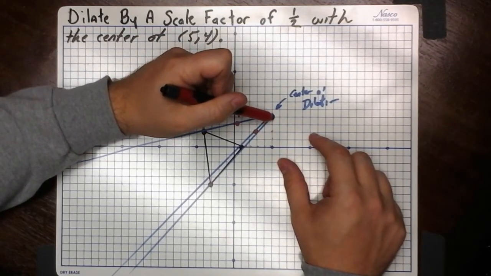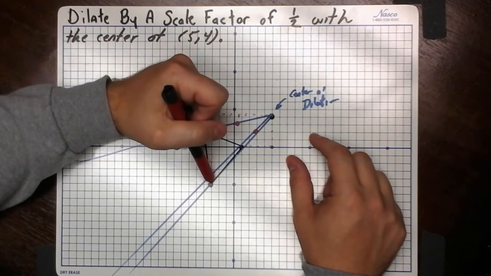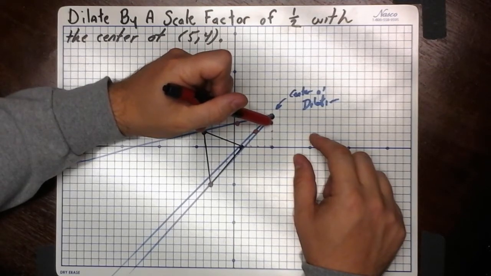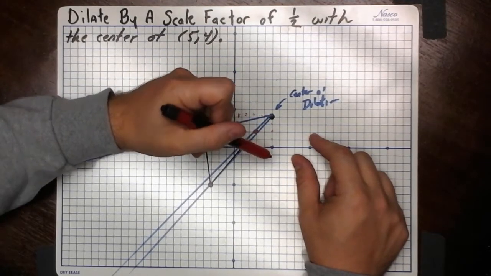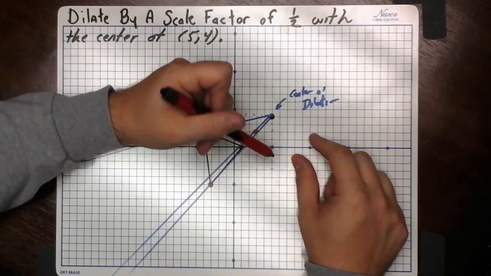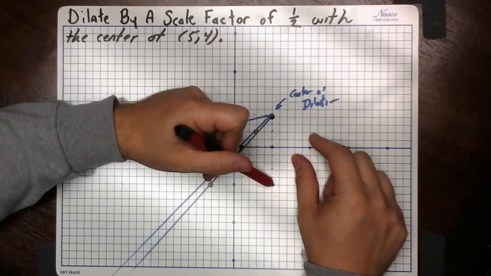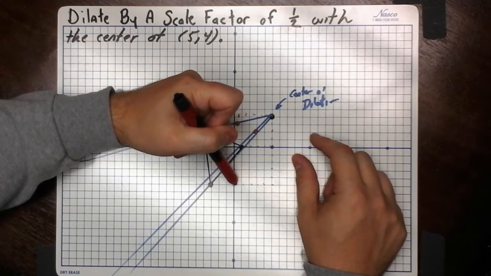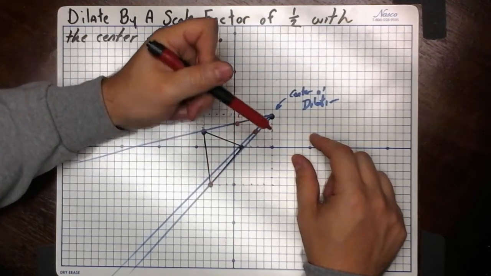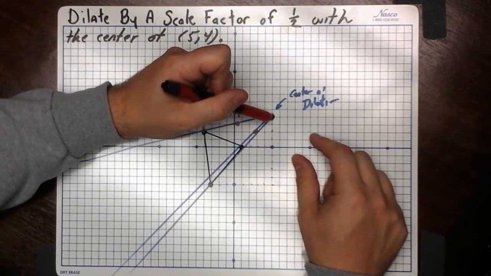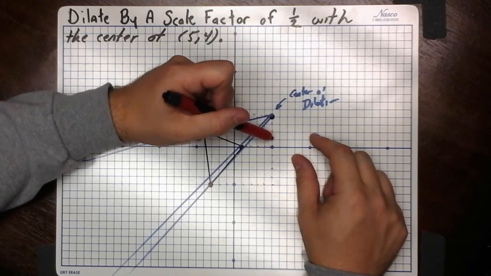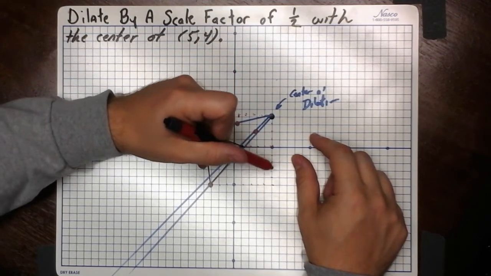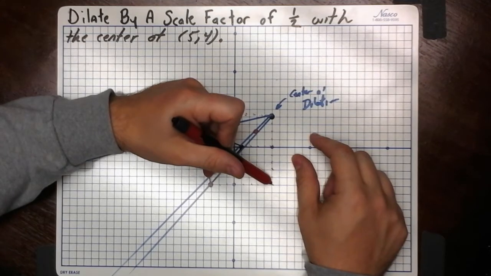Now, from there, I have this point to get to. So 1, 2, 3, 4, 5, 6, 7, 8, 9 again. Then 1, 2, 3, 4, 5, 6, 7, 8. All right, let me make sure I'm counting correctly. 1, 2, 3, 4, 5, 6, 7, 8, 9.